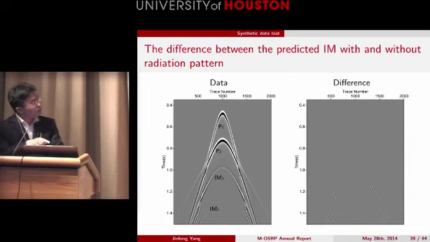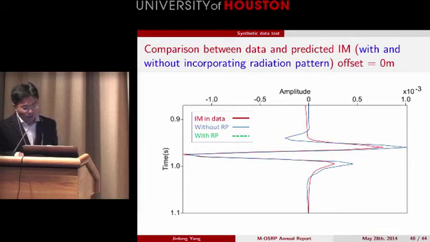Next, I will show some detail. I pick the middle trace and a far offset trace. This is the middle trace. In the middle trace there is no visible difference.